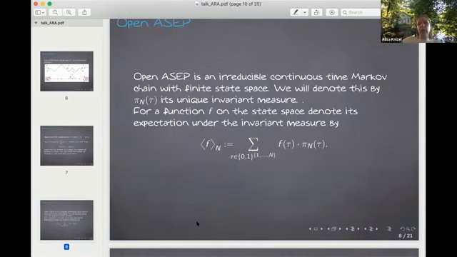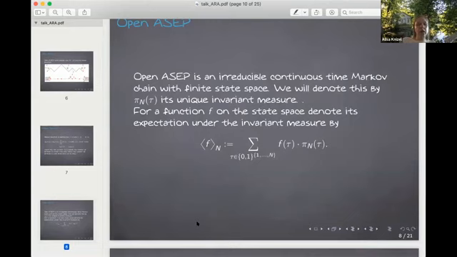So when you don't have the presence of these reservoirs, the stationary measure is simple, and similarly when you consider periodic boundary conditions, the ASEP on the ring, the stationary measure is also simple, and in both cases it's the Bernoulli product measure.